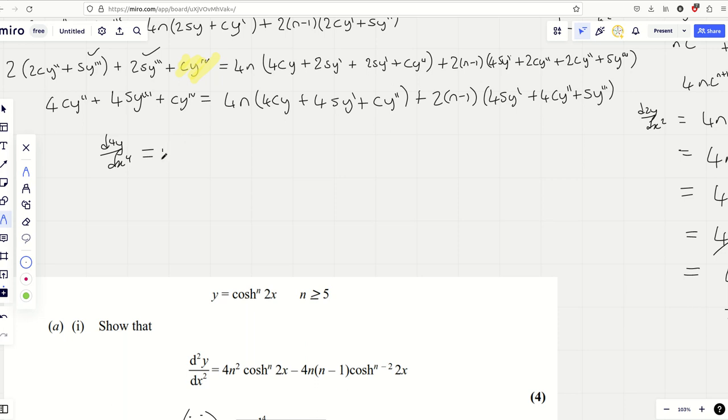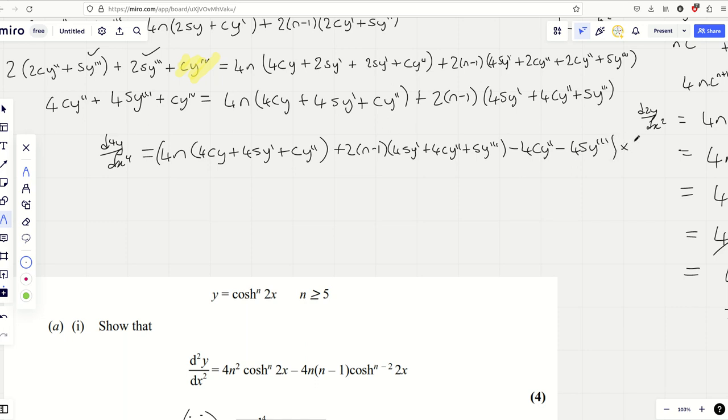That's going to be equal to 4n (4cy plus 4sy dash plus cy double dash) plus 2 bracket n minus 1 (4sy dash plus 4cy double dash plus sy triple dash), and then lastly minus 4cy double dash plus 4 minus 4sy triple dash. Oh, but I've got to divide it all by cos x, so let's times it all by 1 over c. Yeah, and let's just hope they give you a mark for that one.